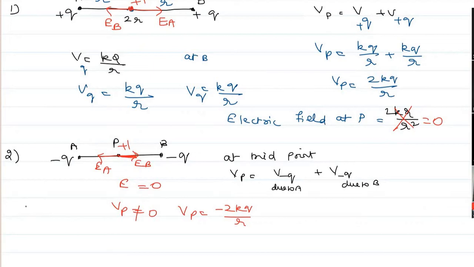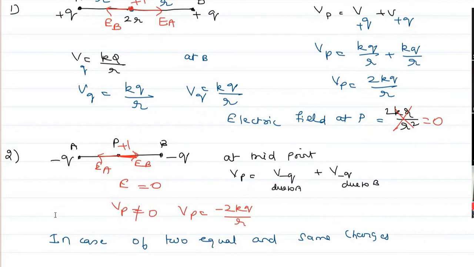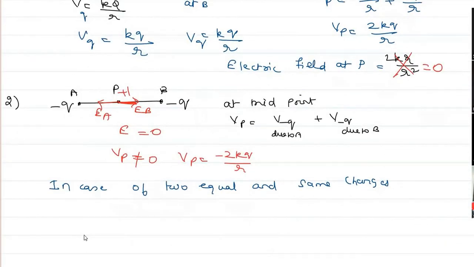So what can we conclude? In case of two equal charges of same nature, what will happen at midpoint?